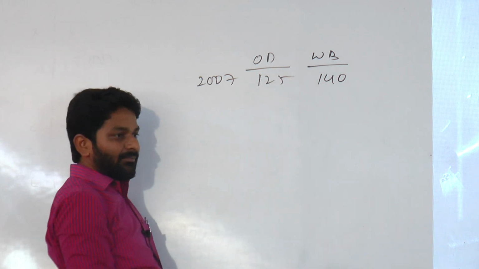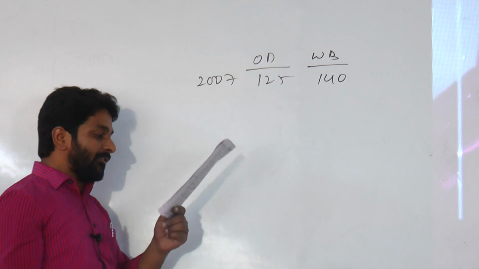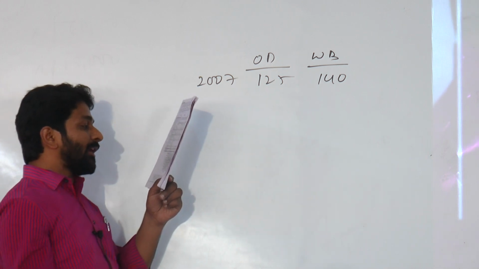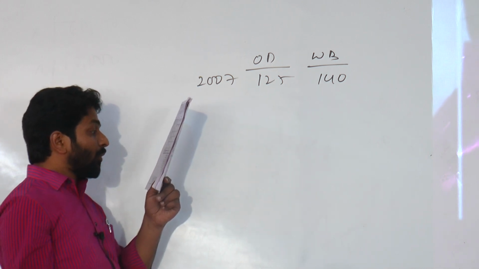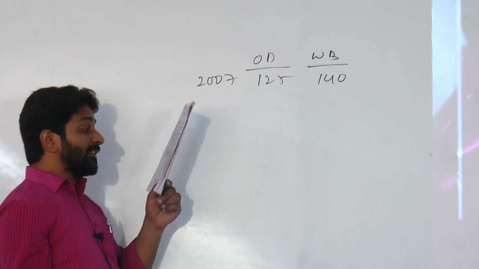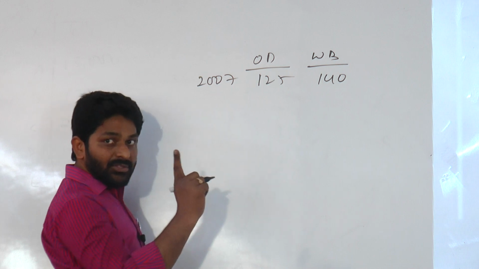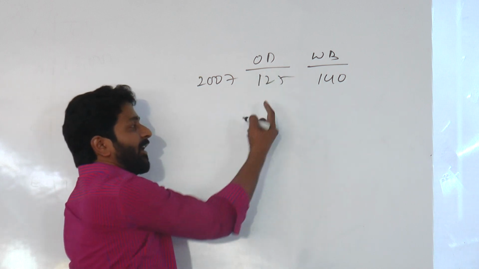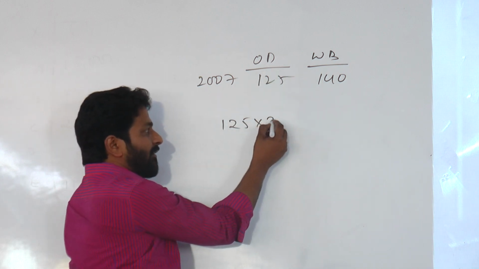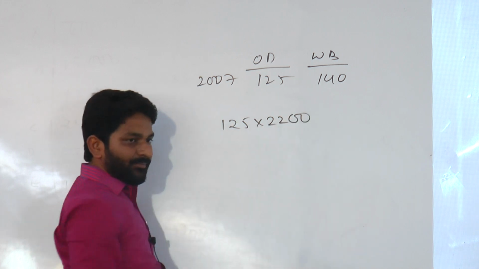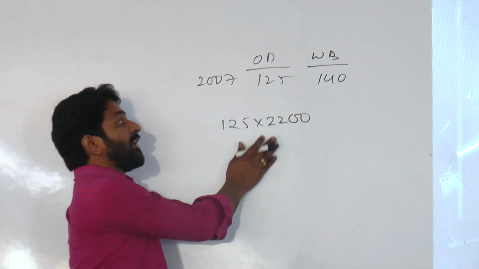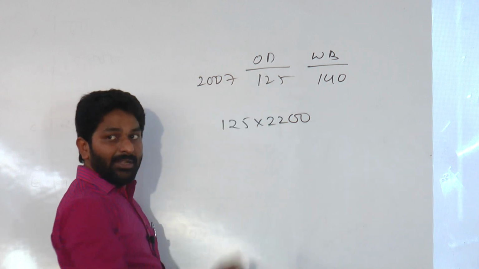Now they asked for the difference. Per hectare in 2007 for Odisha, per hectare yield given as 2200. Per hectare it is 2200. For 125 hectares it is going to be 125 into 2200. Okay, this is yield from Odisha in that particular year.